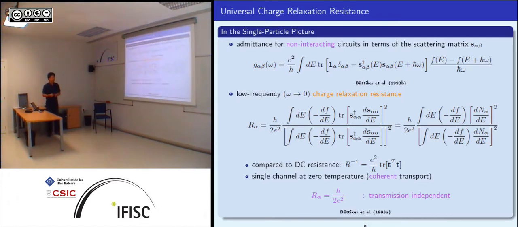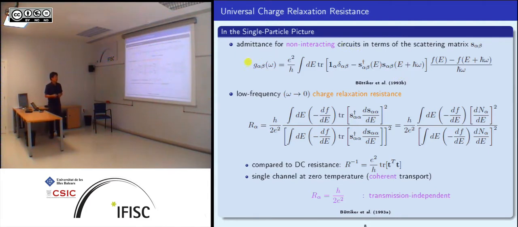In 1990, Büttiker calculated the admittance by using the scattering matrix. Here he assumed that the circuit is non-interacting. Then he derived the effective scattering matrix.